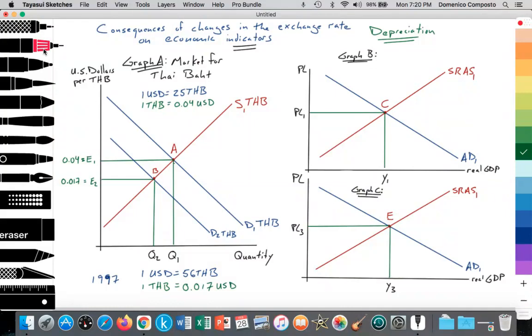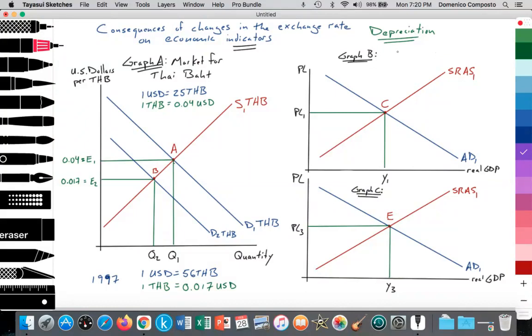Now let's take into consideration, all right, let's review a little bit of macro and remember that with a weaker currency, if a country is importing goods and services, inputs and outputs, those imports become more expensive.